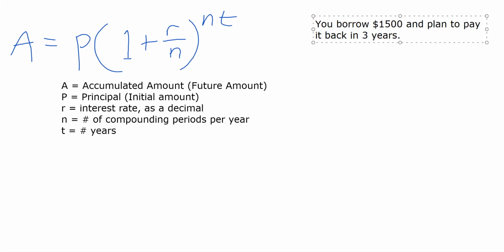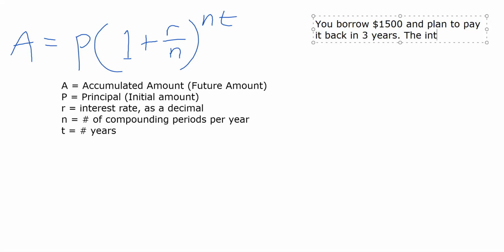So you're going to borrow the 1,500, and then you're not going to make monthly payments or anything. You're just going to pay it all back with interest in 3 years. That's not a very common setup in reality, but maybe if you borrowed it from a friend, that could be the case, or your parents, or your grandparents, or someone else you know, you might do that.